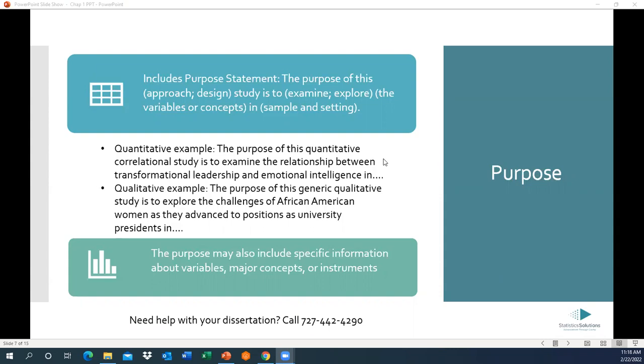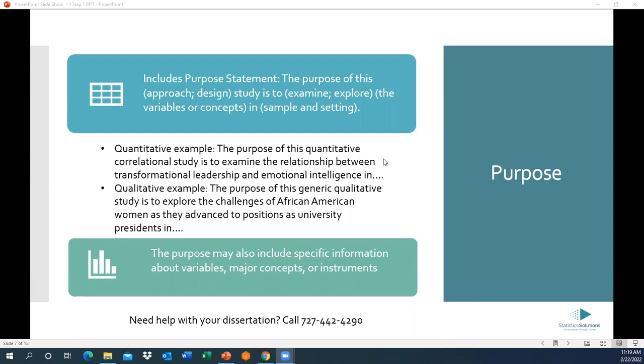The purpose statement itself should read, the purpose of this approach, design, study, is to examine or explore, we'll get to that in a minute, the variables or concepts in sample setting. So let's take a quantitative example. The purpose of this quantitative, that's your approach, correlational, that would be your design, study, is to examine, investigate, which usually works better for quantitative studies.